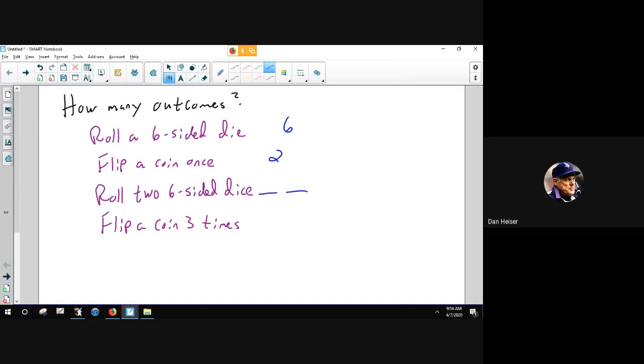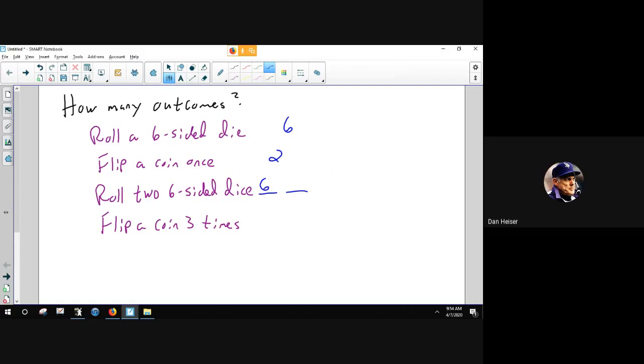I'm rolling 2 dice, which means I have 2 slots in this case. The first slot represents the first die. The second slot represents die number 2. And then what I put in each blank are the number of possibilities. On the first die, I have 6 numbers.